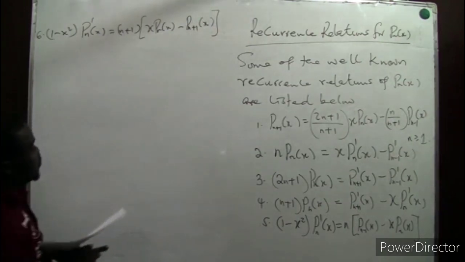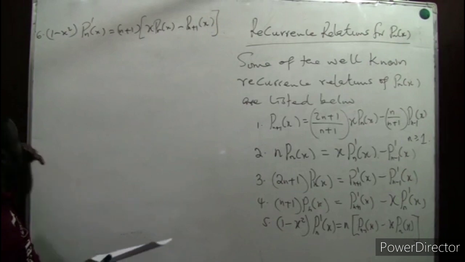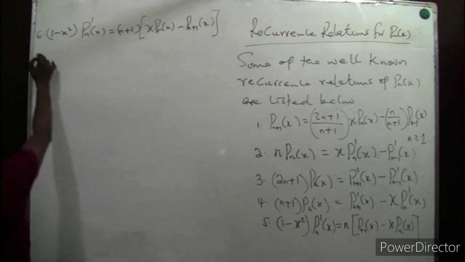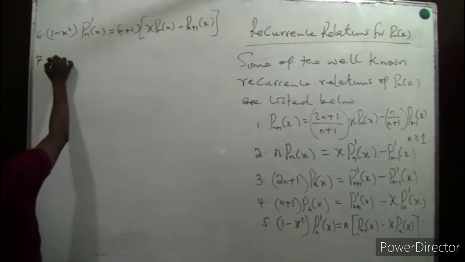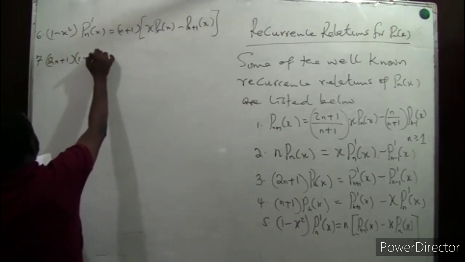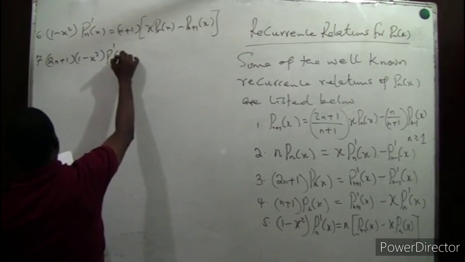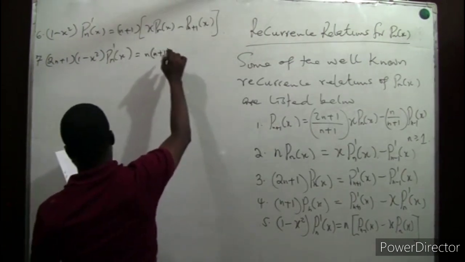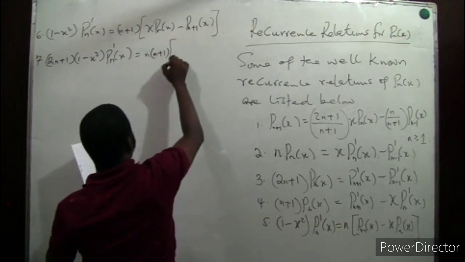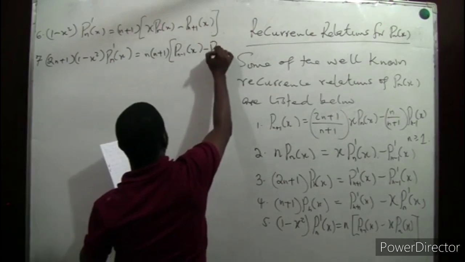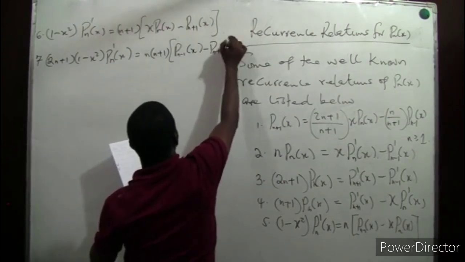This simply implies that relation 5 and relation 6 are equivalent. Then 7: I have (1 minus x squared) Pn prime of x is the same thing as n into (n plus 1) over (2n plus 1) into Pn minus 1 of x minus Pn plus 1 of x.